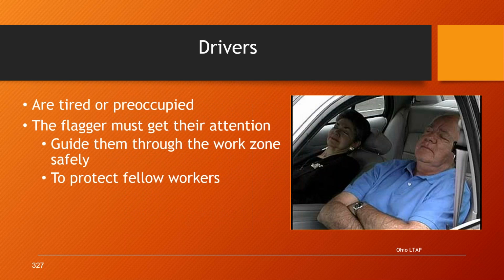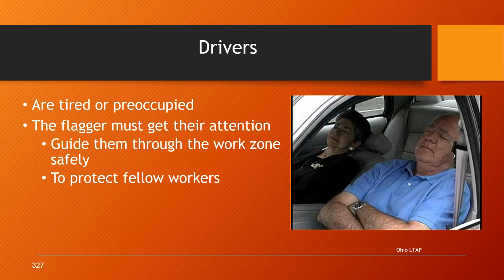Let's talk about some of the concerns for the flagger. One is the drivers. We need to be concerned that the drivers are aware that we're out there flagging, and so we need to do the best we can to get their attention.